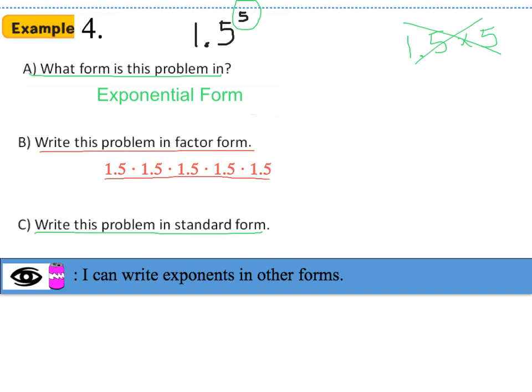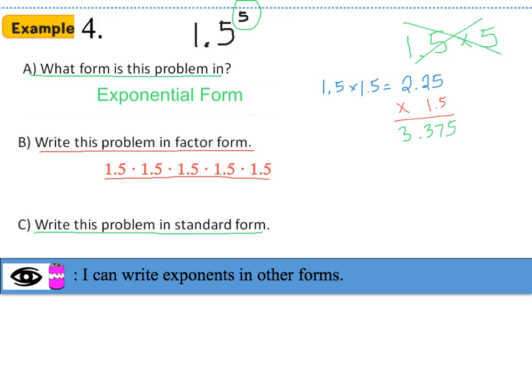So to get standard form, what I need to do is multiply 1 5/10 times 1 5/10. And when I get that answer, I get 2 25/100. So I have to multiply that by 1 5/10 again. So when I do that, I get 3 37/1000.